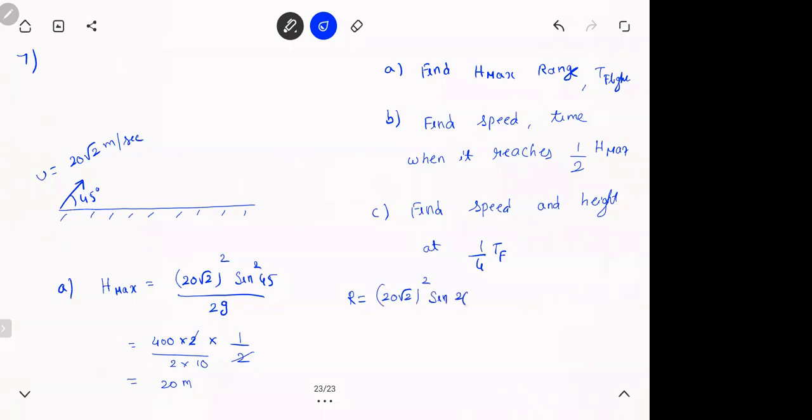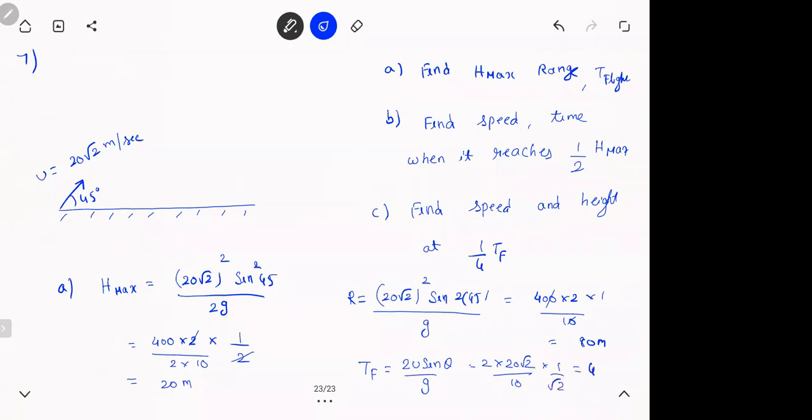Range is sine 2 into 45, 400 into 2 into 1 by 10. That is 80 meters. Time of flight is 2u sine theta by g. That's 2 into 20 root 2 by 10, 1 by root 2, 4 seconds. This is the first question. Hope everyone got this thing.